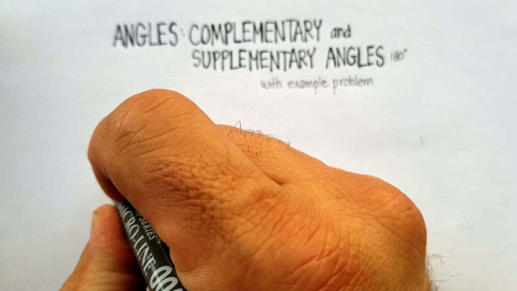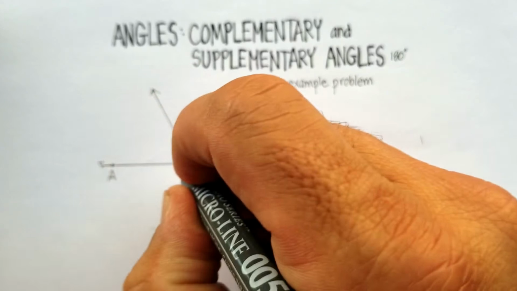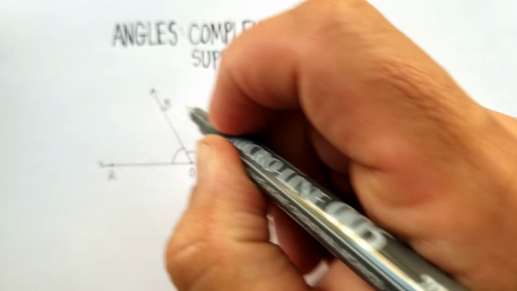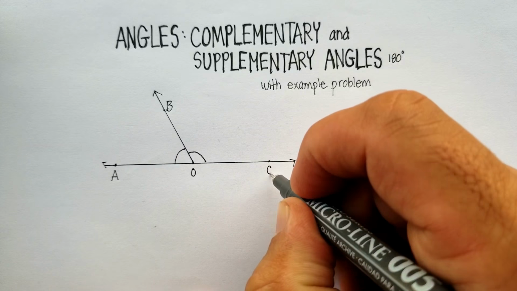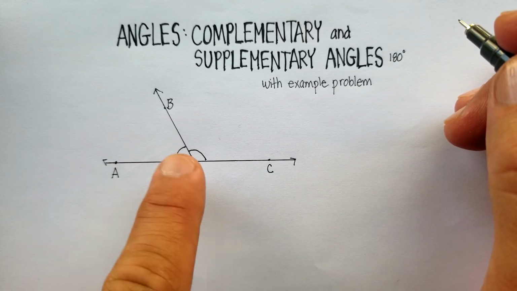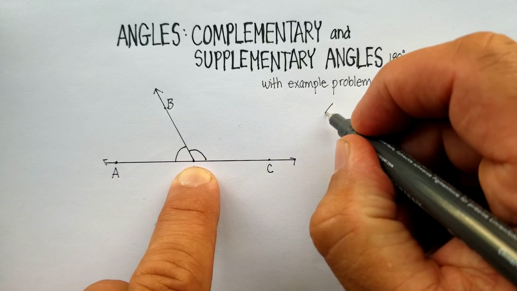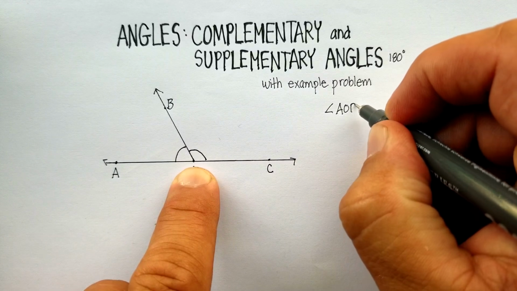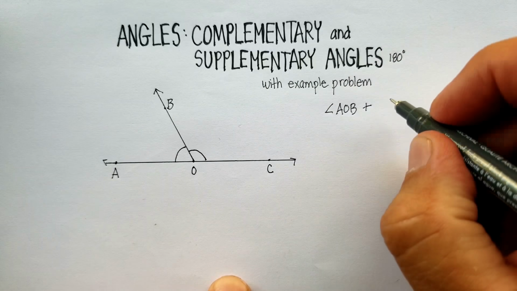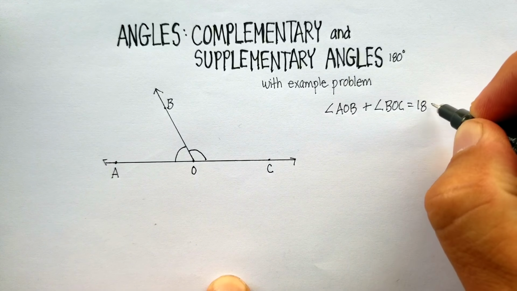Let me draw a couple of letters in here to help us out. I'm going to call this A, this O, this B, and this C. Now, if I were to make some observations about this, I would say that angle AOB, remember always the vertex is always in the middle, so angle AOB plus angle BOC equal 180 degrees.